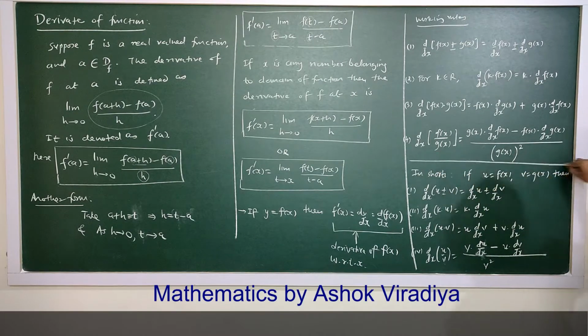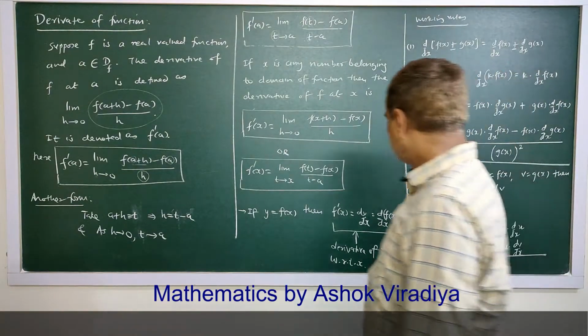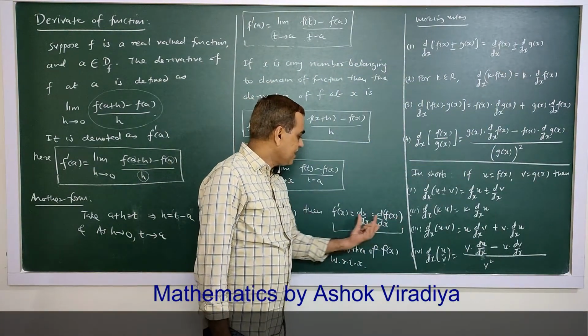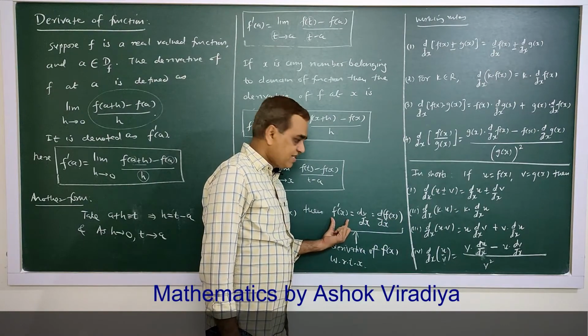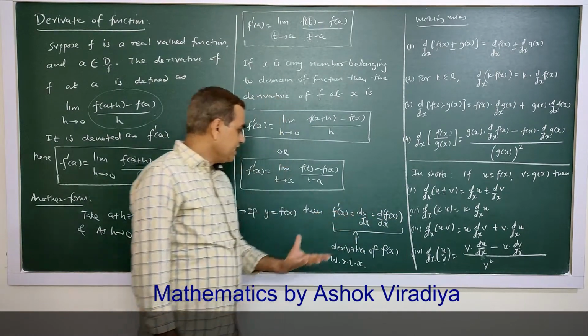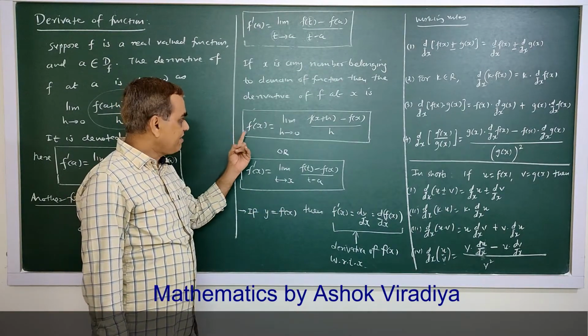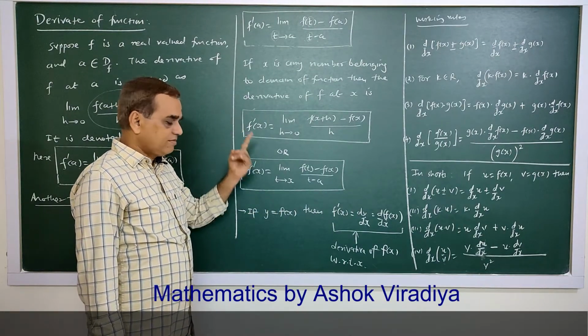So these are working rules of derivative of functions, and here d by dx of f(x) means f dash x, that is dy by dx if y is equal to f(x), and this is the definition of f dash x.